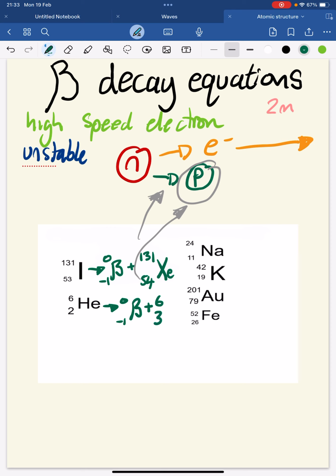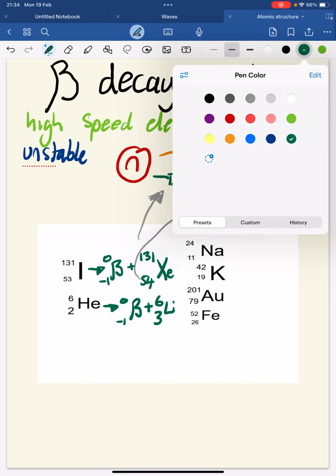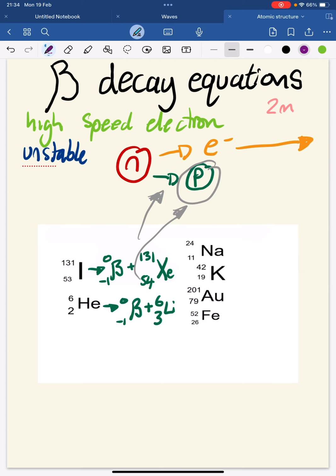And when we look at our periodic table, what element has a proton number of 3? Well, it's Li, lithium. Remember, always go for the proton number. The atomic mass may not be the same as what you see on your periodic table because they are isotopes.